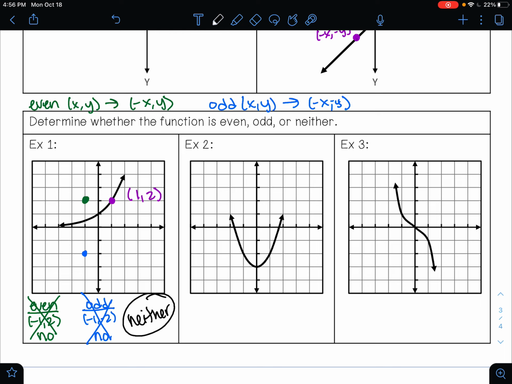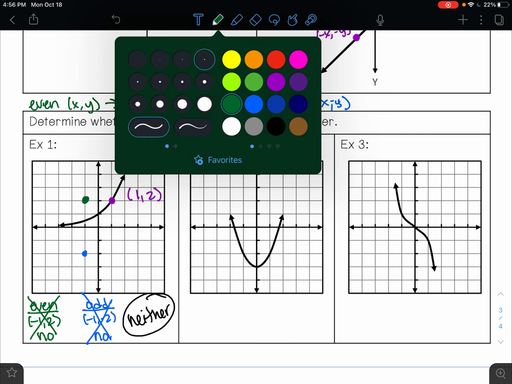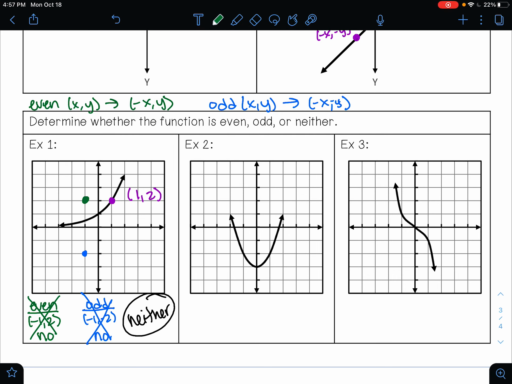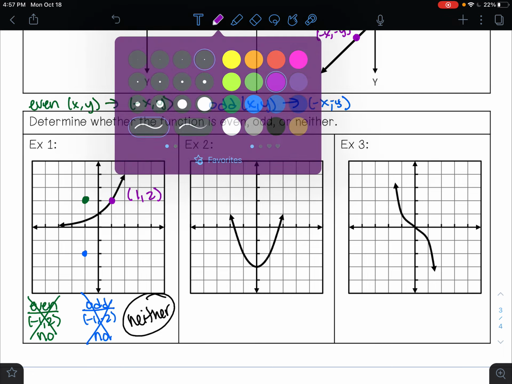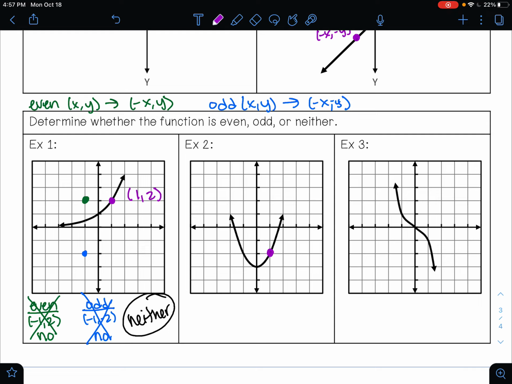Let's look at example 2. On example 2, again, it doesn't matter which point you pick. I'm just going to pick a point that falls perfectly on the graph. So I'm going to choose this point right here. Actually, let me choose that point in purple to be consistent. So if I choose this point, this is the point (1, -2).